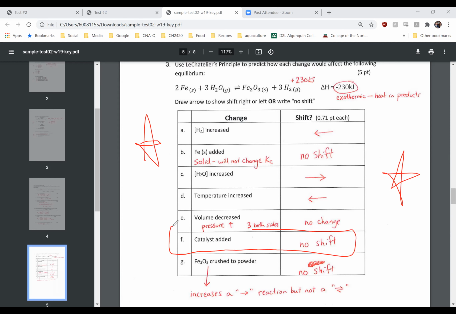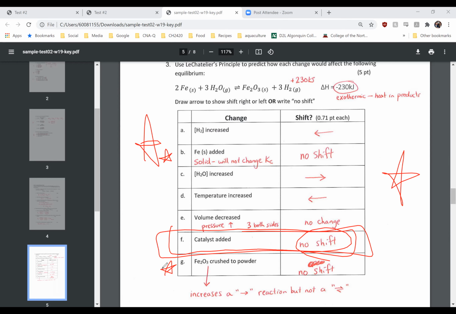If I ask you what a catalyst does to the equation, a catalyst never changes the equation. Some questions like, say, B and G are trick questions, meaning we're changing the solid, we're crushing the solid into a powder, or we're adding solids.